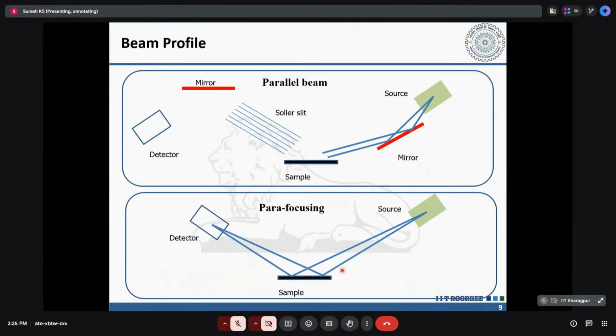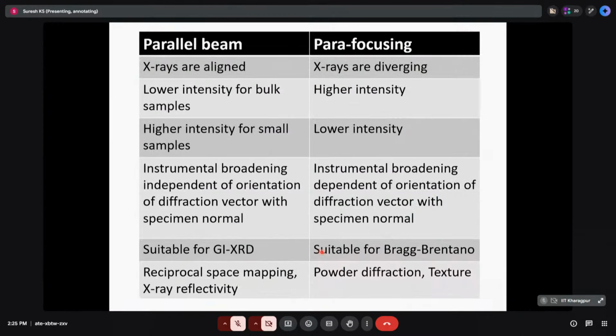There can be variations of unit cell arrangement within one single grain itself, from the grain center to the grain periphery. So when you are using a parafocusing beam, you have the ability to bring more grains into diffraction condition. For the same reason, people also go for residual stress measurement sometimes with this.